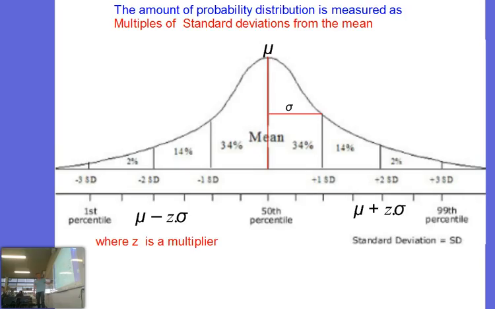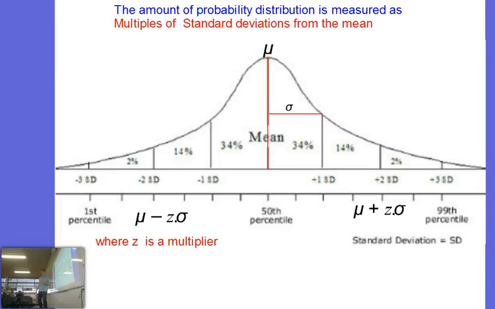Alright. So let's consider how percentage or probability is distributed along the curve. The way we measure the amount of probability distributed in our normal curve is in multiples of a standard measure, like a unit of measurement. Just like when we measure distance, we say we've got meters or feet. How tall are we?